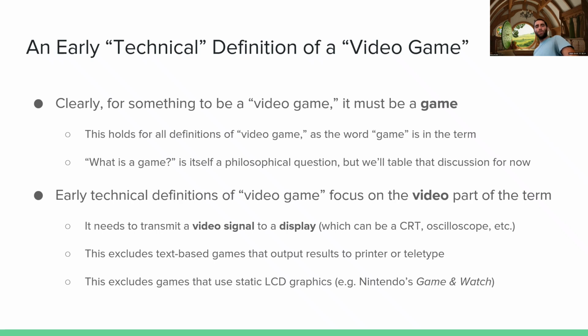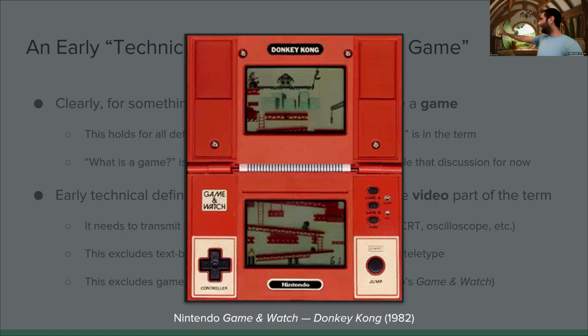It also excludes games that use static LCD graphics. When I was a kid, LED and dynamic LCD technology wasn't very advanced, but they did have technology that was fixed, like alarm clocks that have the fixed little light bulb things that turn on or off.